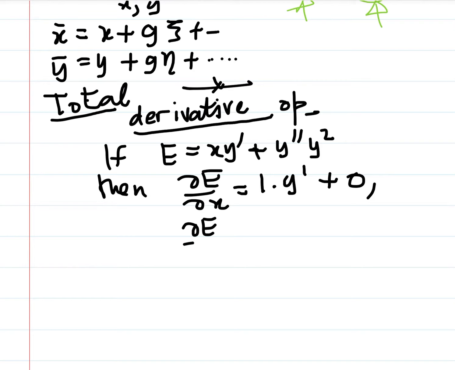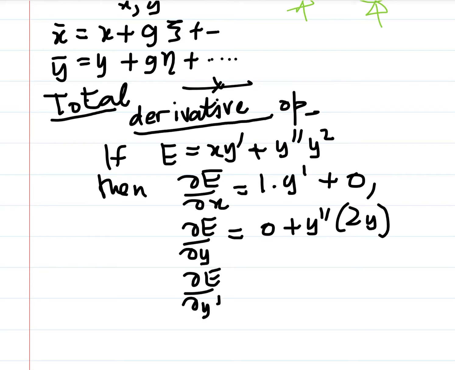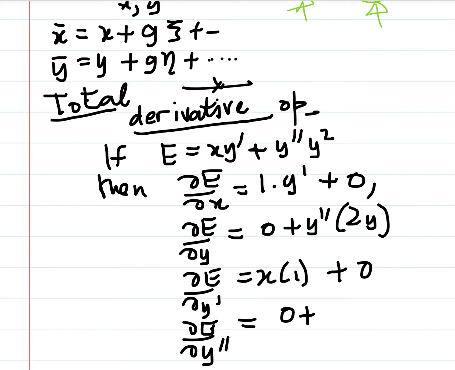Similarly, if you did the partial derivative of e with respect to y, you'll get 0, there's no y's in the first term, and then you get y double dashed times the derivative of y squared, which is 2y. Well, let's do one more. If you differentiate e with respect to y dashed, you get x times 1. There's no y dashed in the second term, so the derivative is 0. And for completion, if you differentiate e with respect to y double dashed, you get 0 plus 1 times the constant y squared, since the derivative of y double dashed with respect to itself is 1.